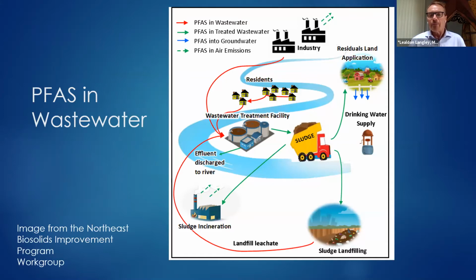They can be introduced because they're used to treat products that are being produced, or they may be used in processes, or there may be PFAS compounds in equipment used in those processes. Those can be discharged either directly to surface waters or the ground through surface water or groundwater discharge permits, or they may enter collection systems and be transported to wastewater treatment facilities.